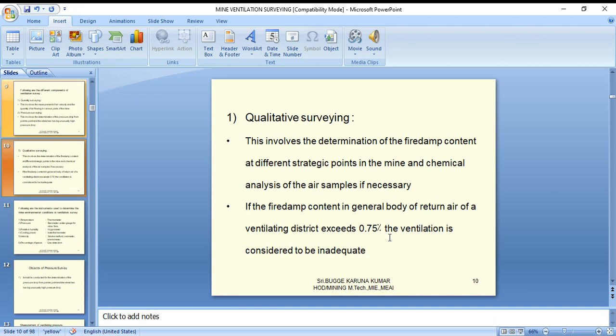This involves determination of the fire damp content at different strategic points in the mine, and chemical analysis of the air samples if necessary. If the fire damp content in the general body of return air of a ventilated district exceeds 0.75%, the ventilation is considered to be inadequate.